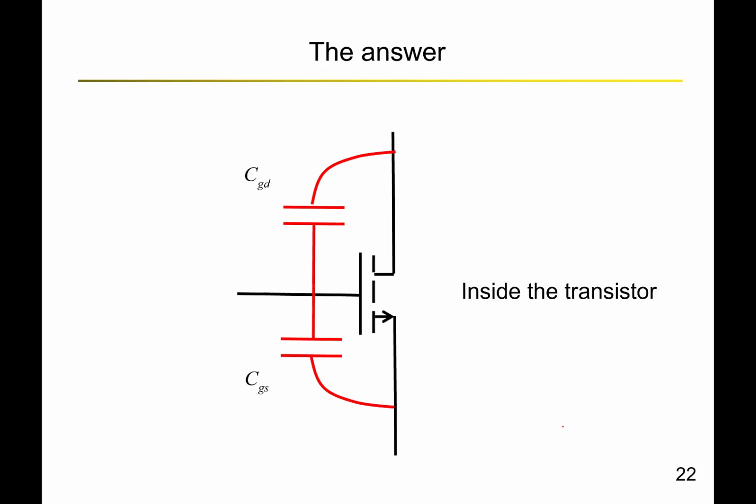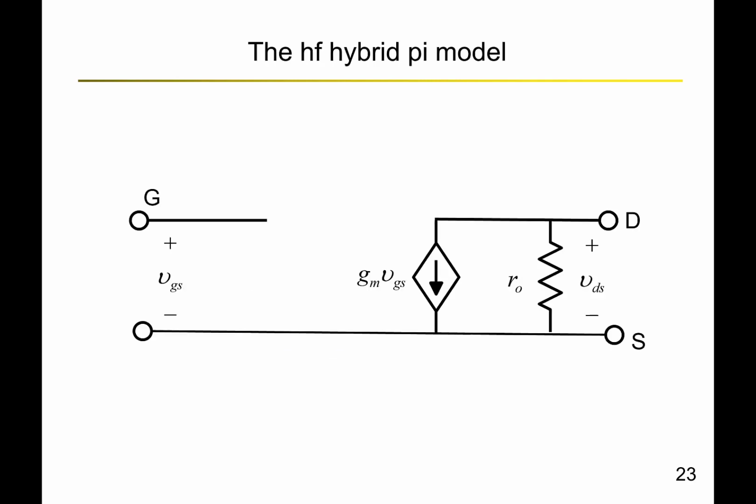There is a capacitance from the gate to drain, and we call it CGD. There is a capacitance from gate to source, we call it CGS. Now, if we note those two capacitances exist, how does our model of the MOS transistor change? Remember, the model of the MOS transistor has basically nothing between gate and source because its impedance was infinity, and then we have a voltage controlled current source gm vgs followed by the output impedance ro.